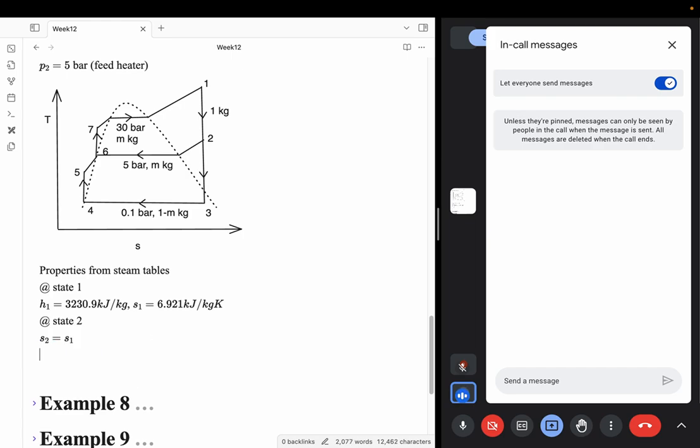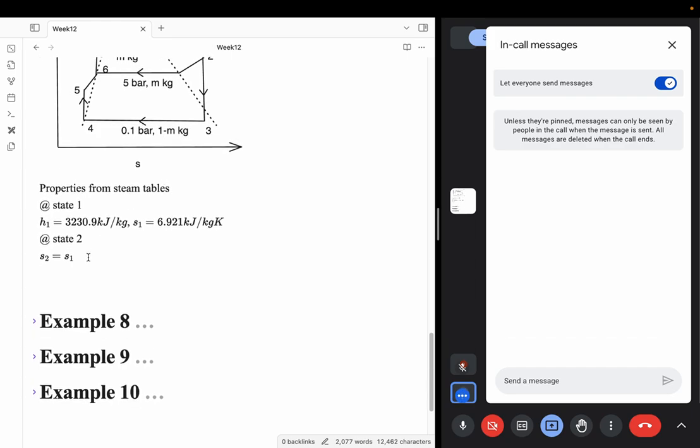I'm showing in the plot as if 2 is in the superheated region, but let's say we do not know it. This 2 can actually be inside the dome, which you do not know. So how do you calculate that? All you need to do is calculate the entropy of the vapor phase here, that is Sg, and see if S2 is greater than Sg or not. If it is greater, then you will be in the superheated state. Otherwise, it will be inside the dome.